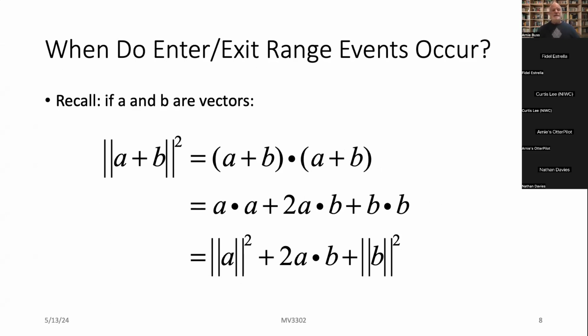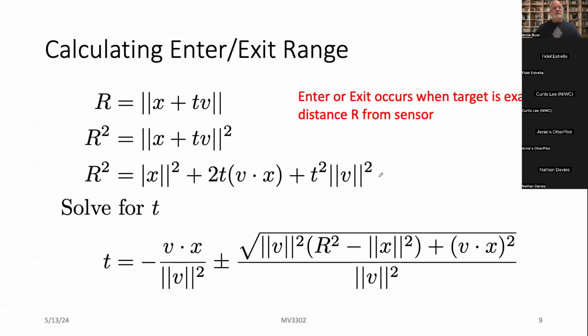So how does that figure in? Well, if we started at x and we're moving at a velocity, and this is the equation of motion, then we're going to enter or exit when that location is exactly equal to our range.